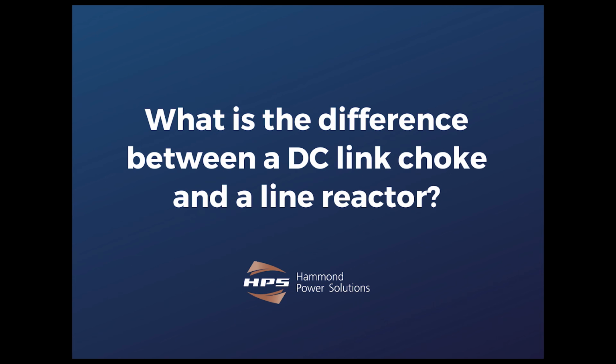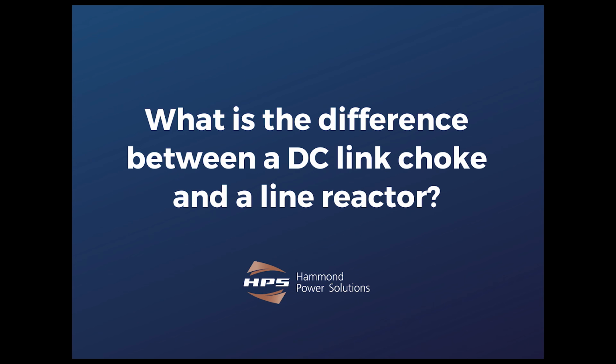Bob, can you elaborate on the difference between a DC link choke and a line reactor? Yeah, so a line reactor is connected on the input to a VFD, so between the VFD and the power system. And a DC link choke, there's basically two parts to a VFD, the rectifier and the inverter.